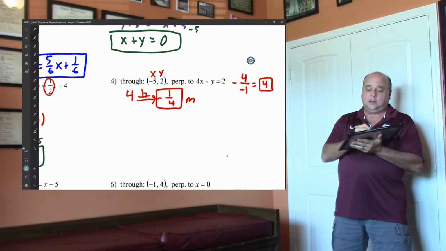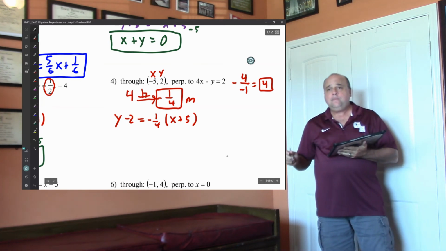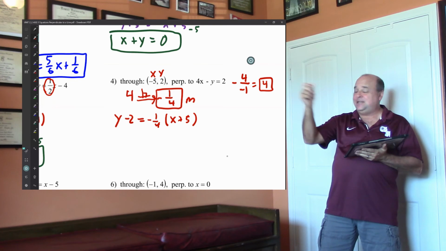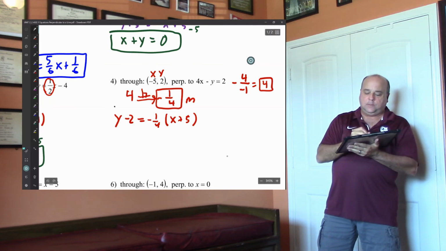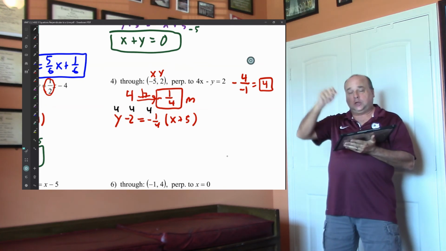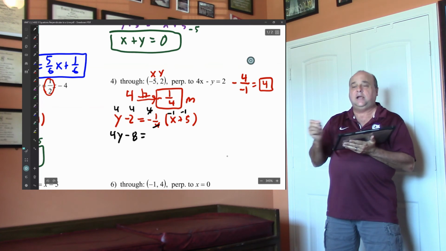So we're going to plug the slope and the point into point slope. So let's do that. Y, the opposite of positive 2 is minus 2, equals negative 1 over 4, parentheses, x plus 5. So I just plugged the point and the slope into point slope. I got a fraction, so I got to multiply. So I'm going to do 4, 4, and 4. You do not multiply the negative, just the denominator. Then you multiply. 4 times y is 4y. 4 times negative 2 is negative 8, equals, the 4's cancel out, and my bluebell truck's going to be negative 1.